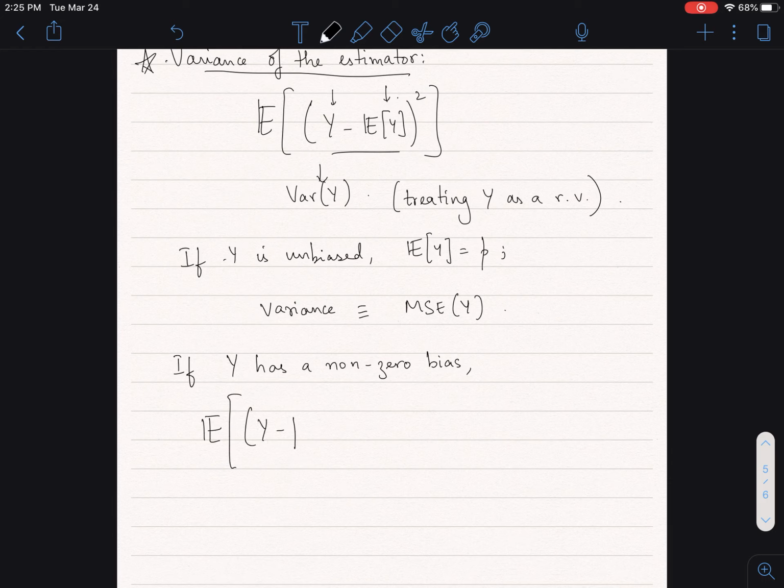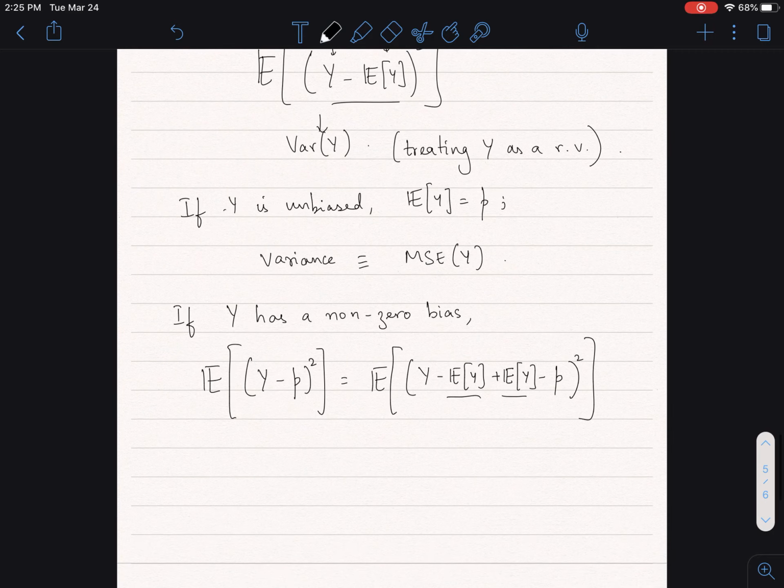If I look at the expected value of y minus p whole squared, you could write it as the expected value of y minus the expected value of y, plus the expected value of y minus p, whole squared. I'm just adding and subtracting this term, the expected value of y.